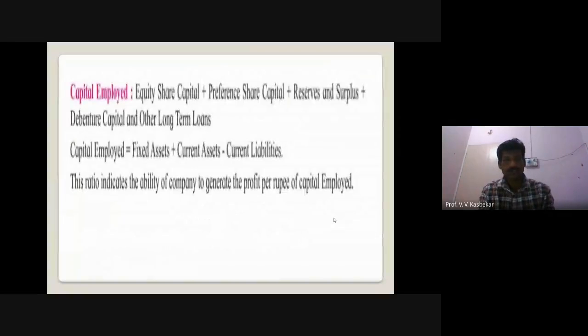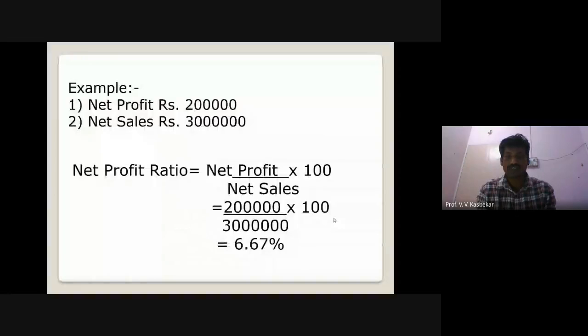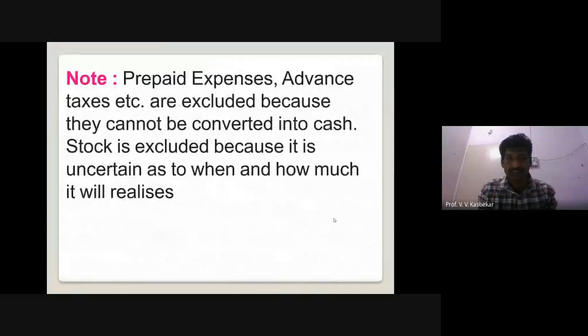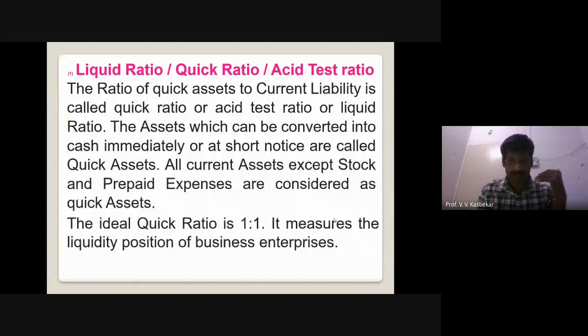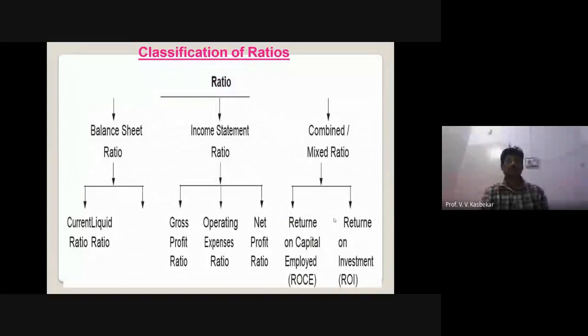Okay, so friends, we have studied so many ratios which are very important in business organizations to measure the profitability, to measure the efficiency of the business, to measure whether the business is going in a proper way, in a proper position. Once again, let us see this chart of what ratios are utilized in business organizations.